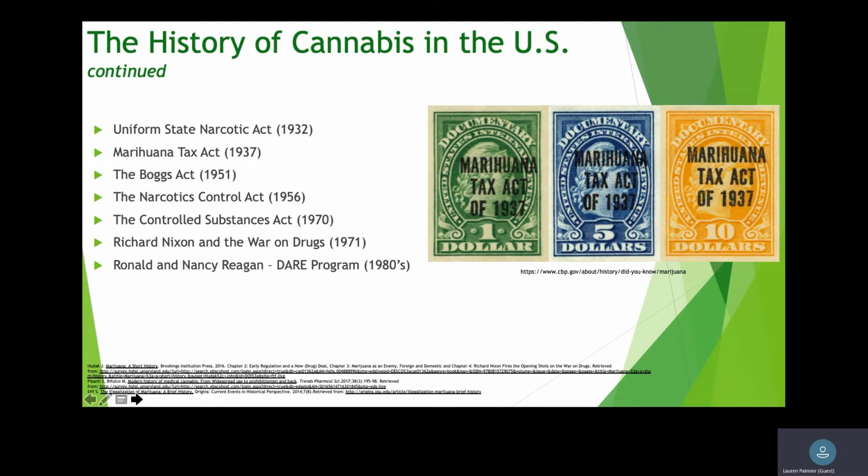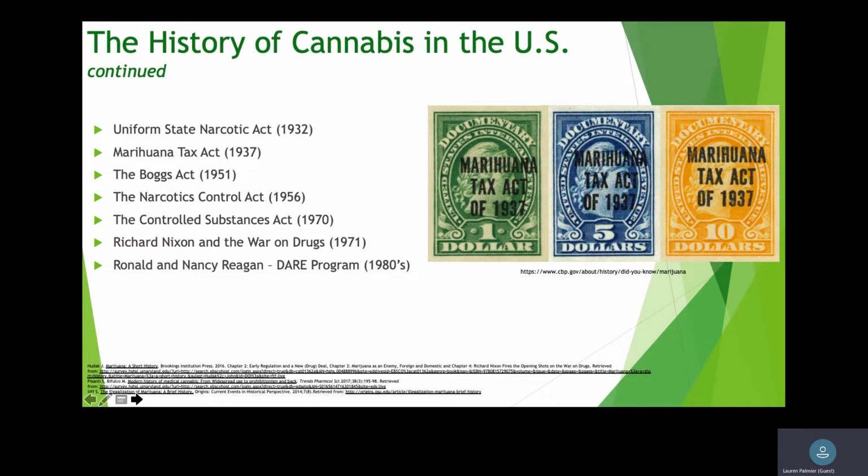Harry Anslinger strongly supported the passage of the Uniform State Narcotic Act of 1932, which pushed states to unify their narcotic laws and to include cannabis under the narcotic designation. The act included criminal punishments for those violating the laws at the state level, but Anslinger wanted more done at the federal level, so he pushed Congress to pass the Marijuana Tax Act of 1937.